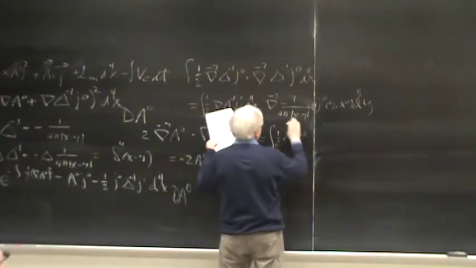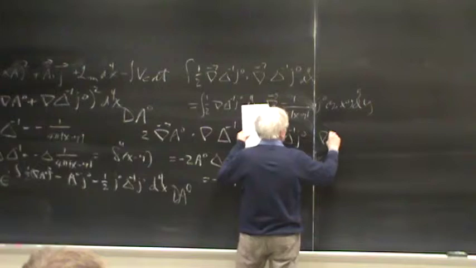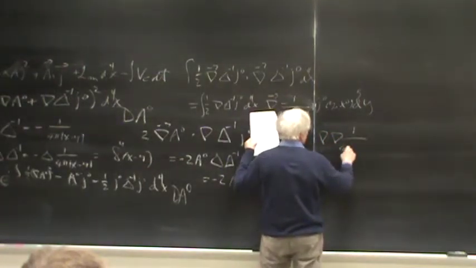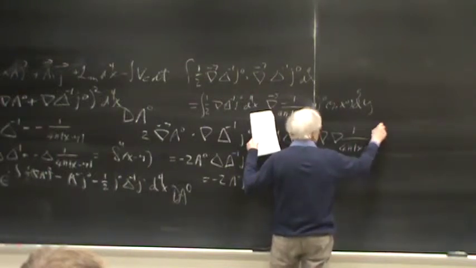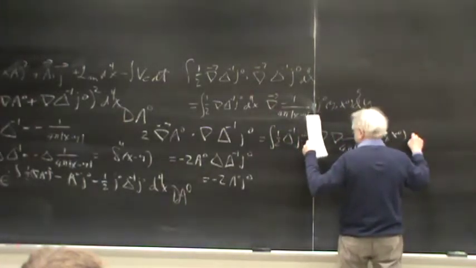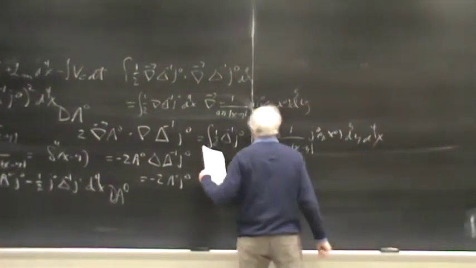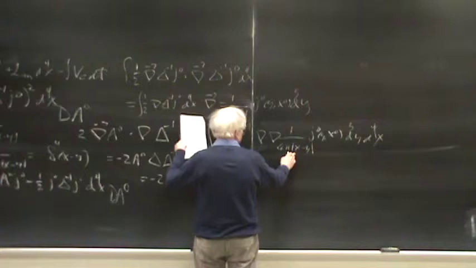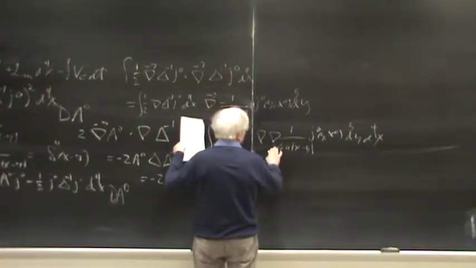This one comes over as Laplacian inverse, so it's like that, and this thing gives us a delta of x minus y. Or, no, actually, we're not going to do that.